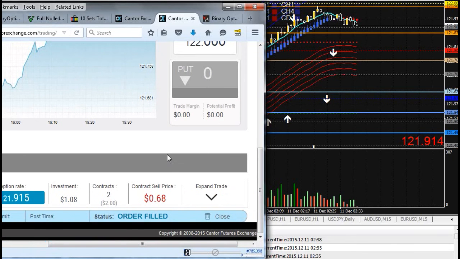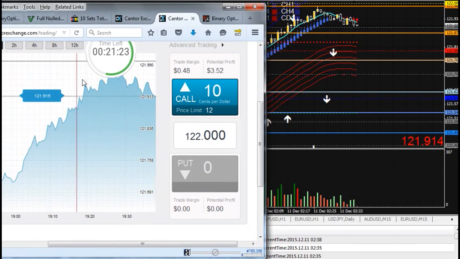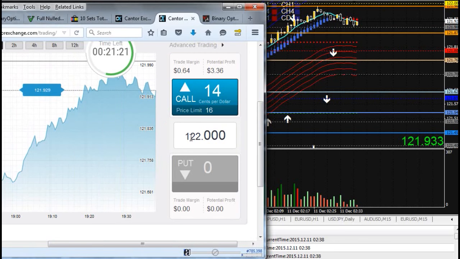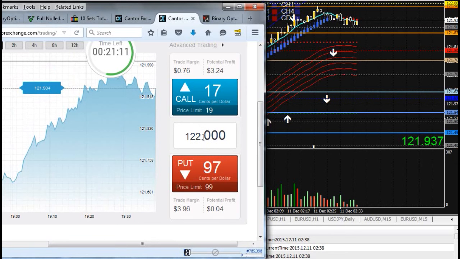Now, where I am here on the chart is actually the round number at 122. This is the whole number.